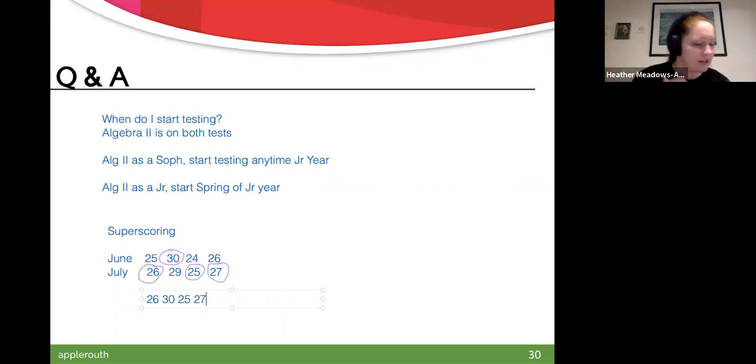I can calculate that really quick. You get a 27 composite. That's what people mean when they say, I got a 28. That's their general composite score. So just keep that in mind. Super scoring is really good, so you want to make sure you take whatever test you end up taking more than once, because it's going to help you in the long run.